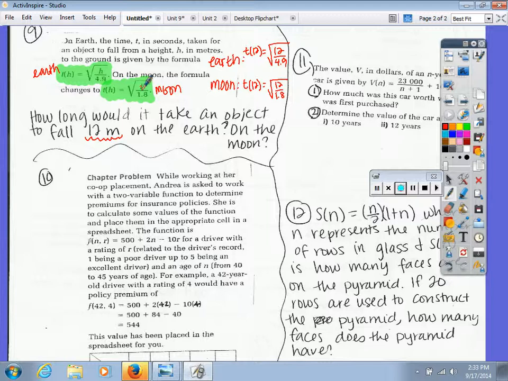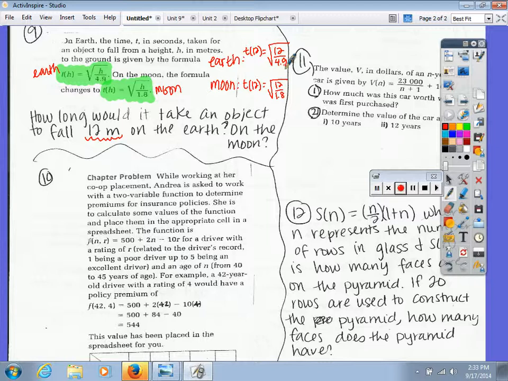Is there anything hard about that? No. Probably the most difficult part is putting it in your calculator. So let's go ahead and put this first one in our calculator together. So what am I going to do? I'm going to do second, and then hit your x squared button. How do I put a fraction in my calculator?